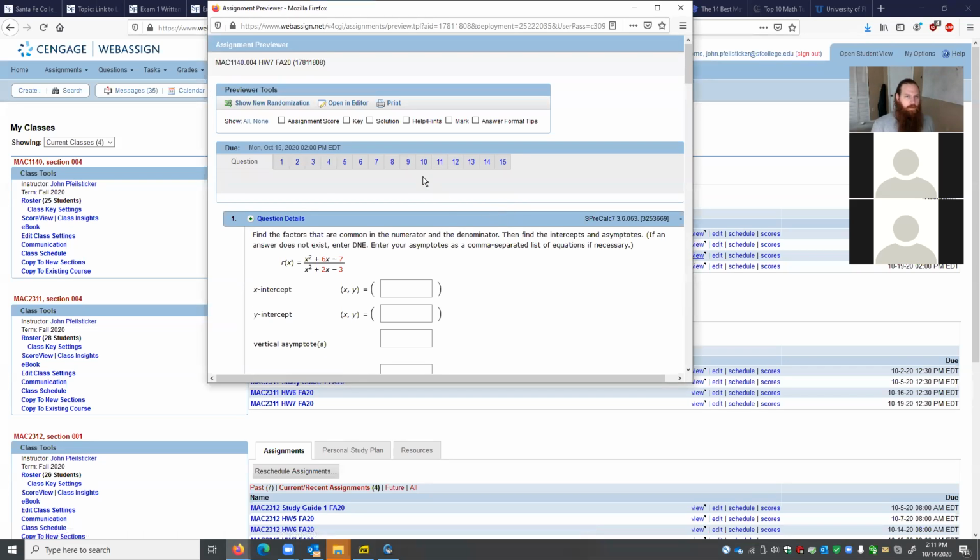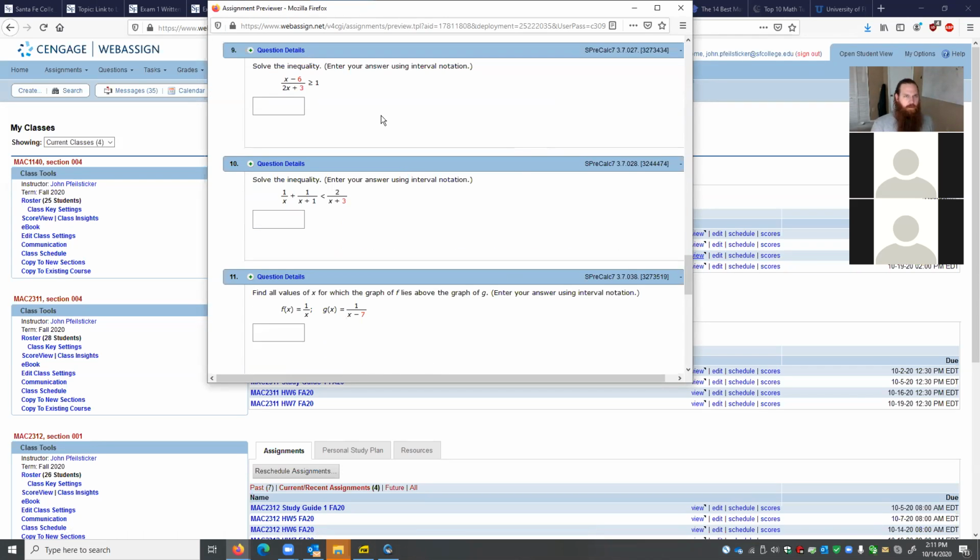All right. So yeah, I think Lily put in the first request there. So let's take a look at this. This is good. We'll solve this inequality. I'm going to write it down. So this is homework 7, number 9. Solve x minus 6 over 2x plus 3 is greater than or equal to 1.